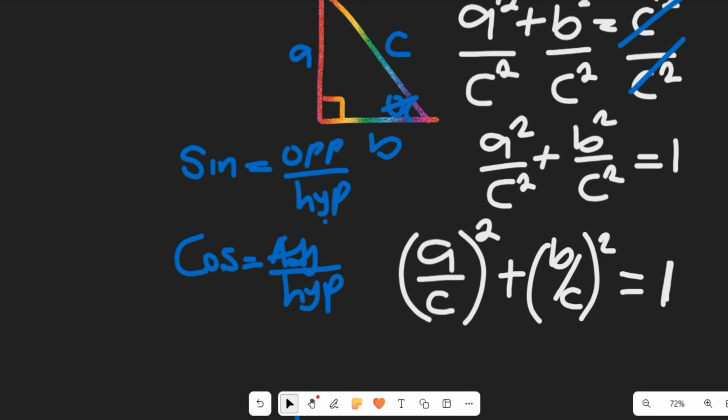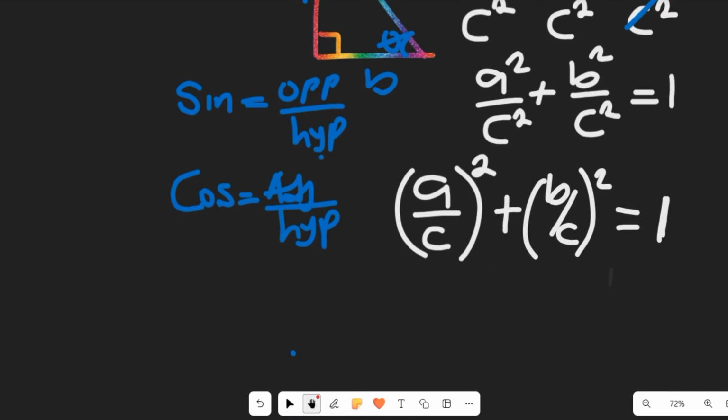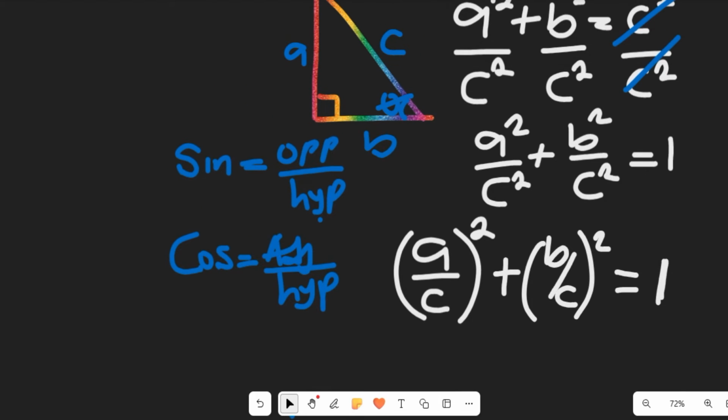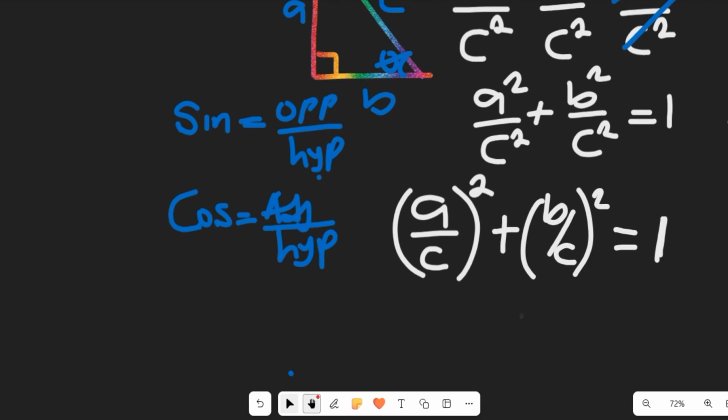Considering the sine, you come to see that sine of any angle, let's say angle theta, is equal to opposite divided by the hypotenuse.